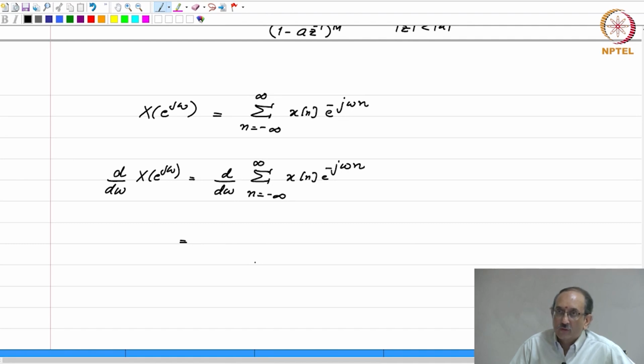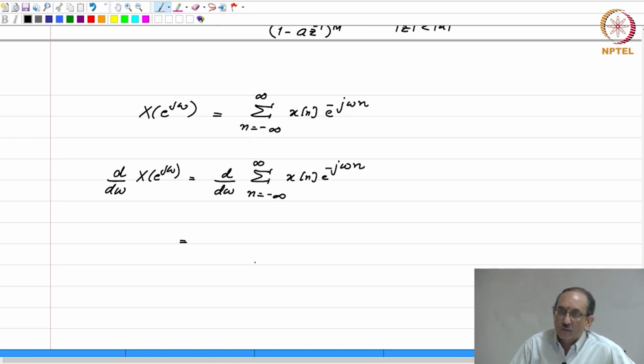In the DTFT you do assume absolute convergence: once you say the DTFT exists, you are saying the sequence is absolutely summable.